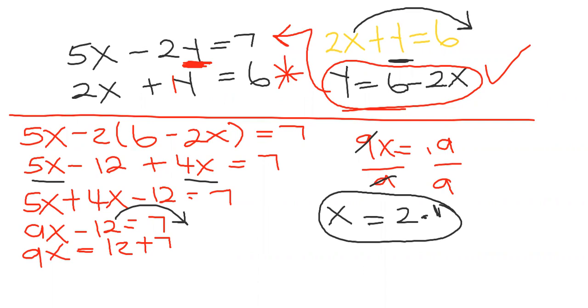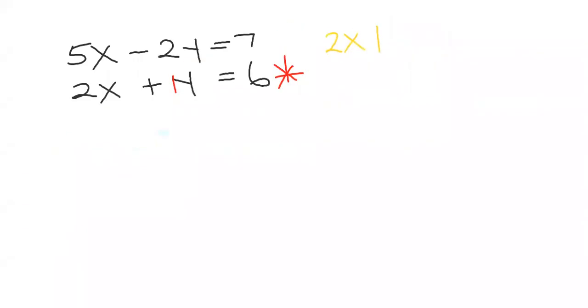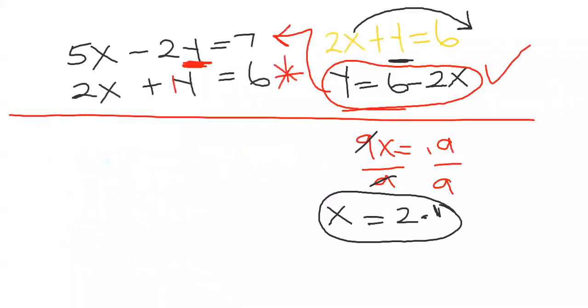Now, to find the value of your y, you go back to that equation that you made before, the one that you made the subject of the formula. This one. We go back to that equation.